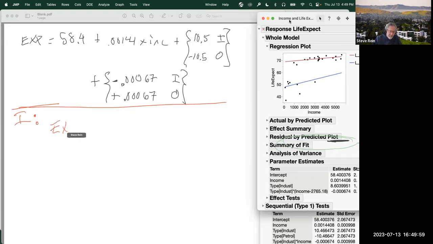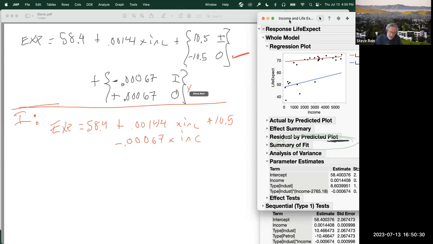Life expectancy is 58.4 plus 0.00144 times income, plus 10.5. I can ignore the minus 10.5 because it's an industrialized country. I don't have to pay attention to the OPEC information whatsoever. But then I minus 0.00067 times income.